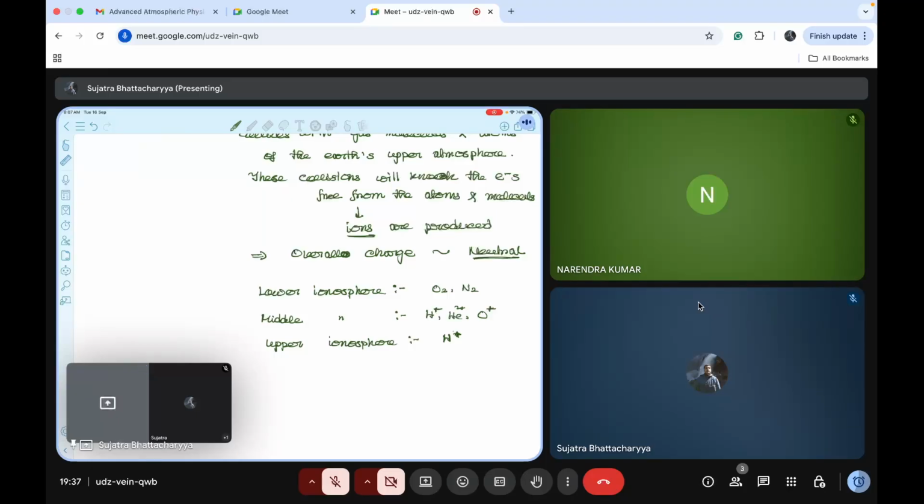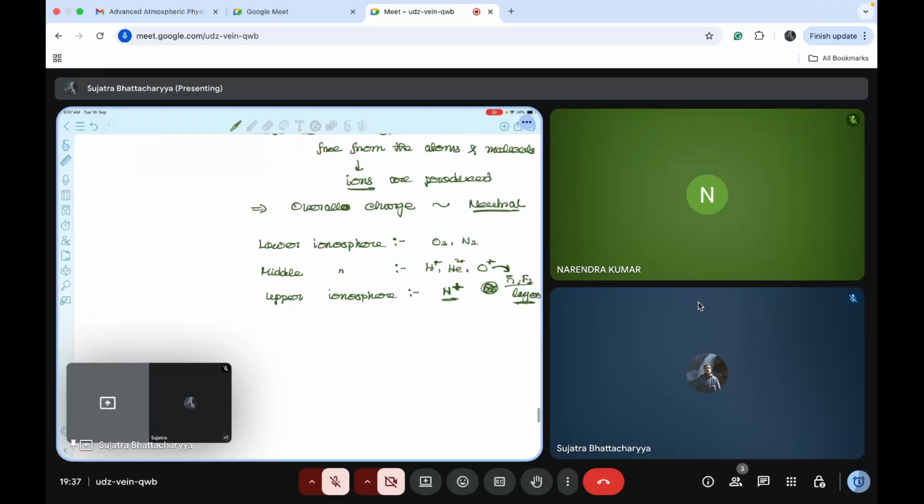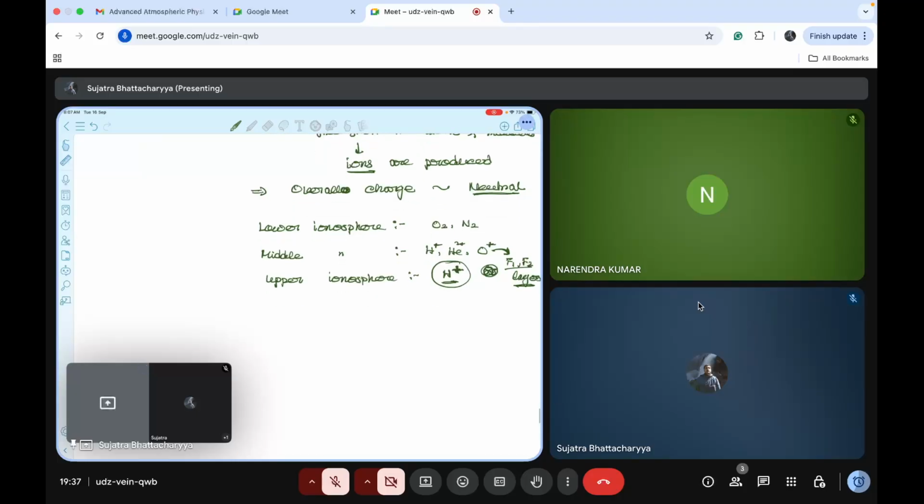So as you go more towards the upper ionosphere, say F layer, F1, or beyond that, you get this. But O plus is majorly found in F1 or F2 layers. Okay, this is important. In F1, F2 layers, O plus is majorly found, and beyond that, you get H plus only. So it is very important that H plus ions can be found predominantly over the upper ionosphere region.